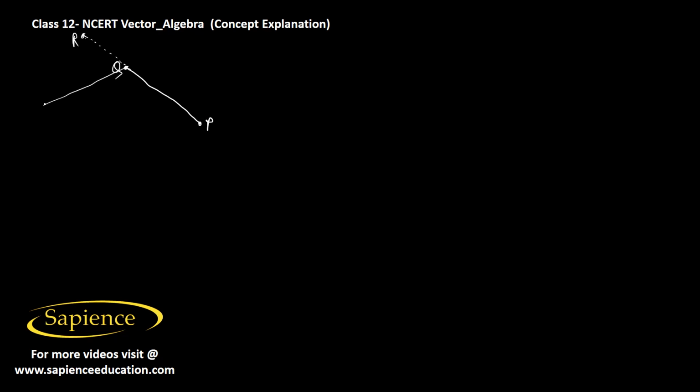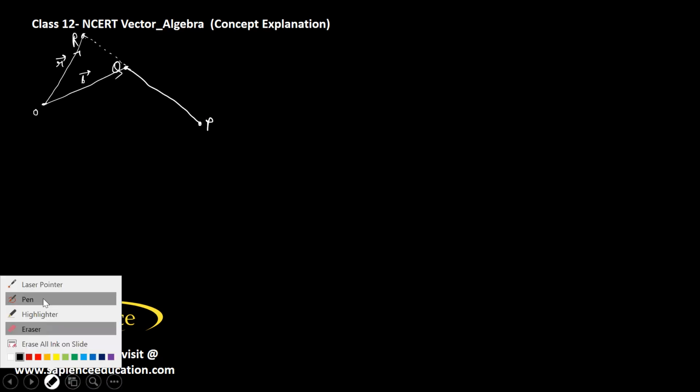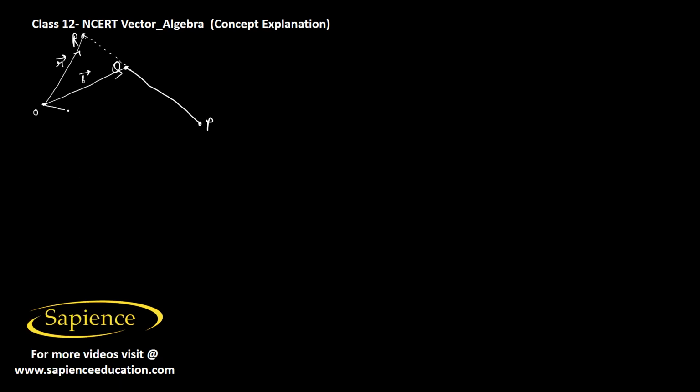And then suppose here is the origin, this is the point O, and this is OR vector, which is R vector, OQ vector is B vector, and OP vector is equal to A vector.